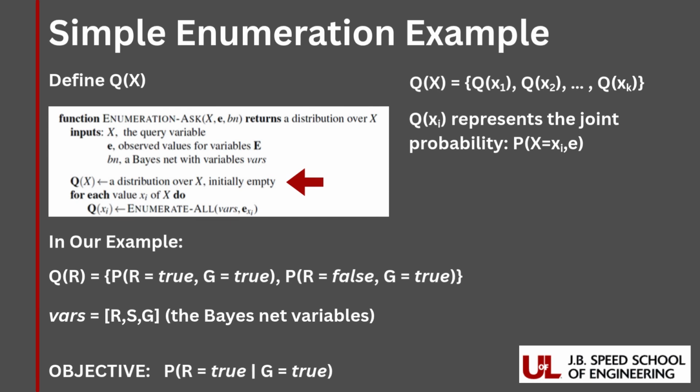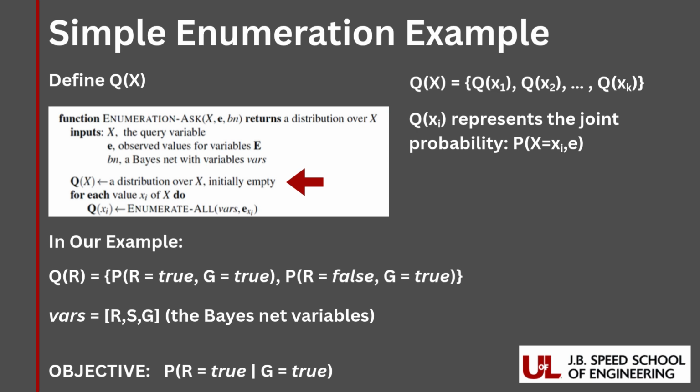All right, so we'll declare what Q of x is. Q of x represents the joint probability of, essentially, the probability that the variable x has its different values.